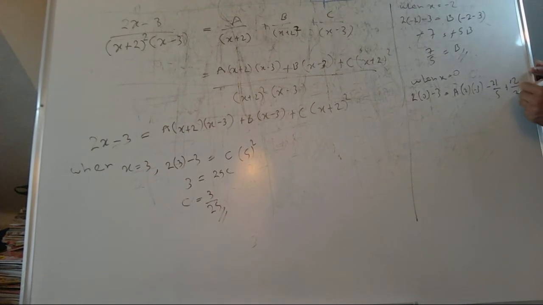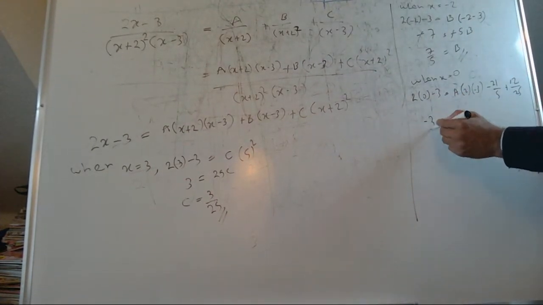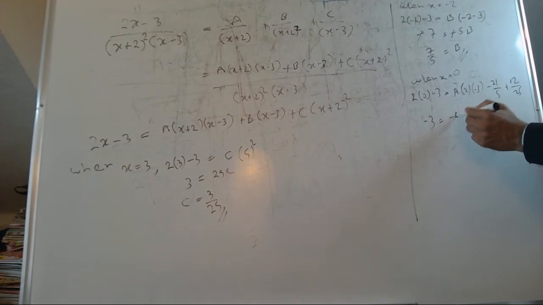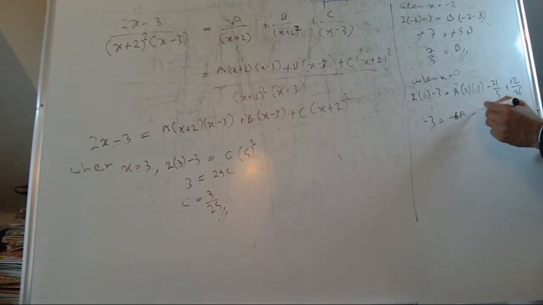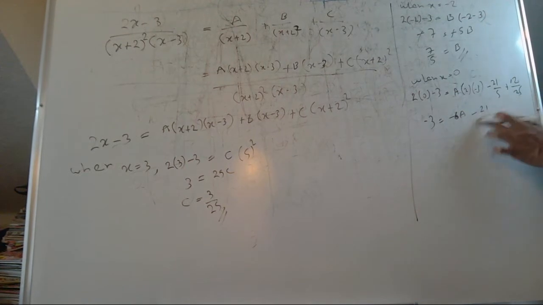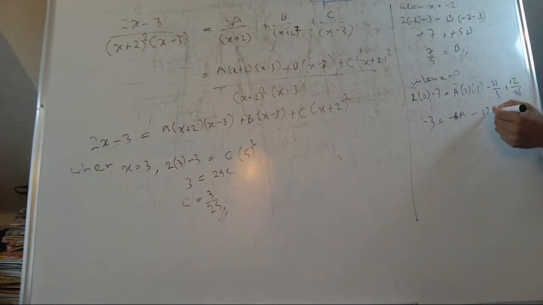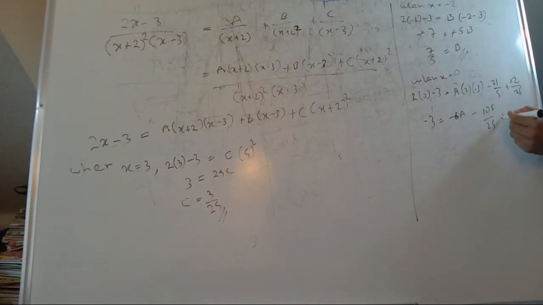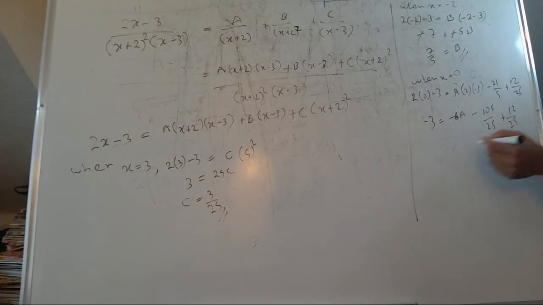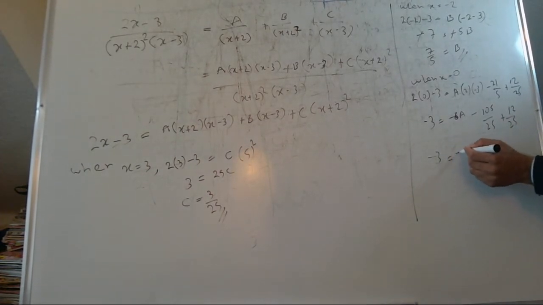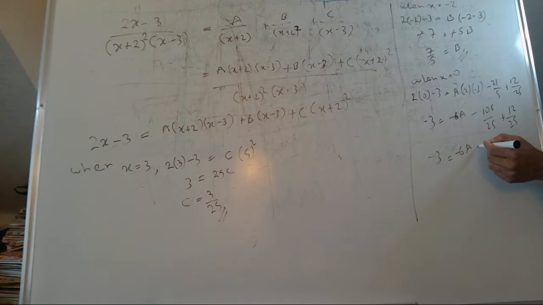over 25. Okay, so here we have -3 = -6A - 21/5 + 12/25. Let's just simplify this. So this is -105/25 + 12/25. So it's -3 = -6A - 93/25.